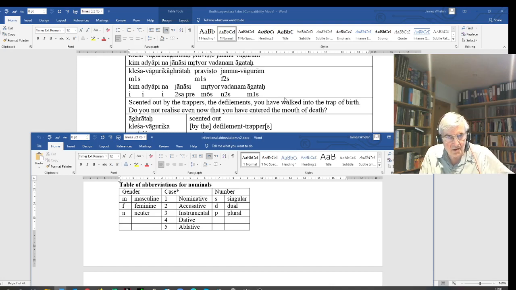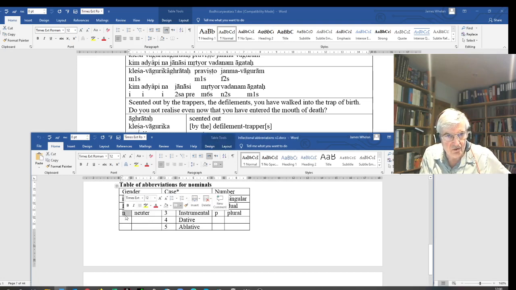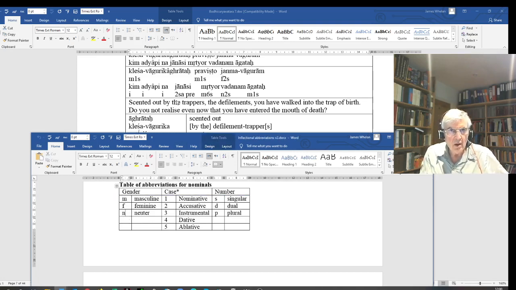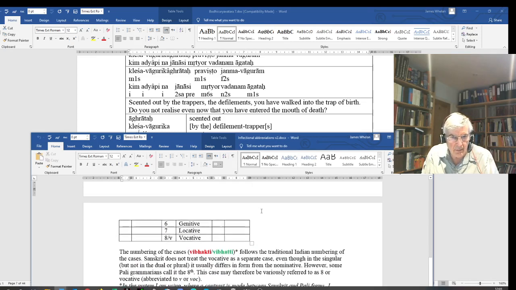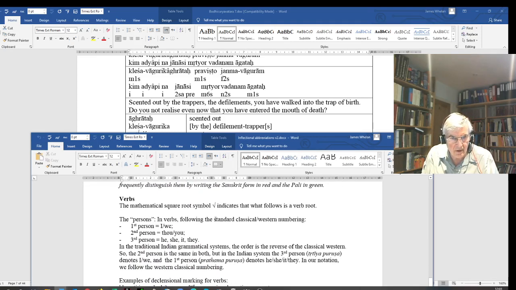In these notations, as I said, whenever you see a notation beginning with either M, F, or N, you know it's a nominal, and the M, F, and N stands for neuter. Whenever you see a notation beginning with a number, and those numbers are only 1, 2, and 3, you know that it's a verb. Look down now to the verbs.